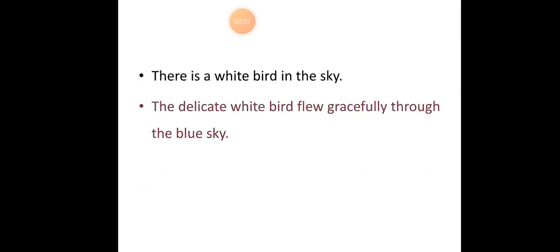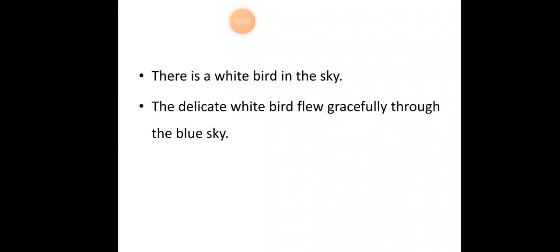Okay, if you look at these two examples, you would find: there is a white bird in the sky. Yes, we have a little description with white bird, but this is not the full picture. But if you say the delicate white bird flew gracefully through the blue sky, all these adjectives that we used, in addition to white bird, added to the mental image that we drew when we read this sentence.